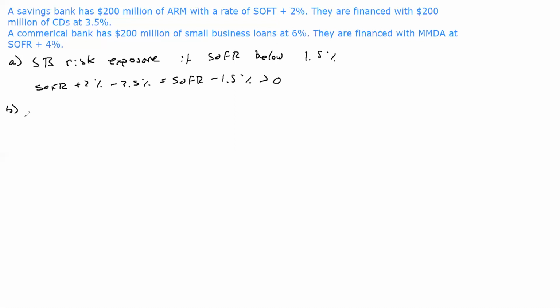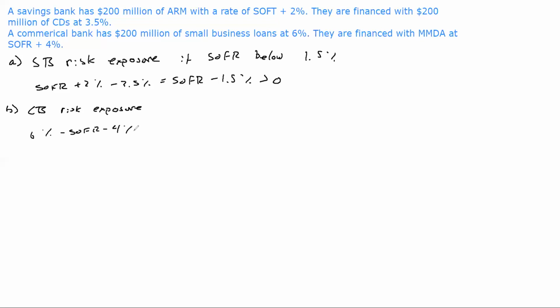Now for the commercial bank, what is their risk exposure? Let's do CB for commercial bank. We want to know their risk exposure. So for the commercial bank, they have business loans at 6%. And they are financed with money market deposit accounts at the overnight financing rate plus 4%.